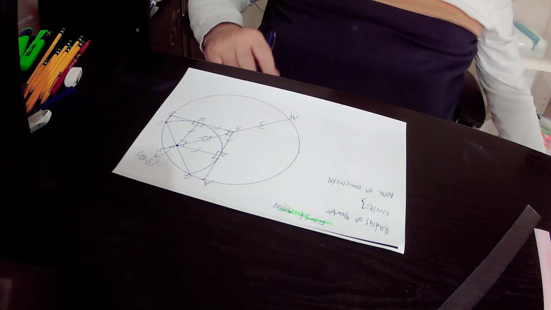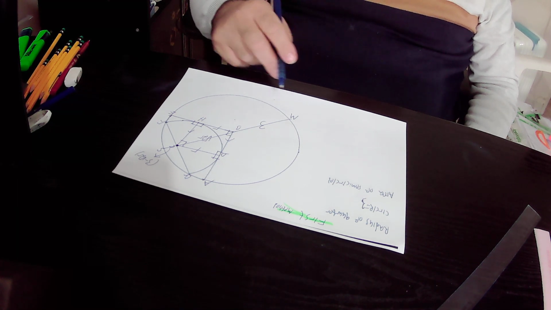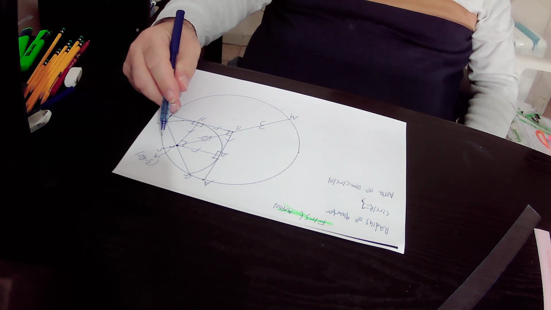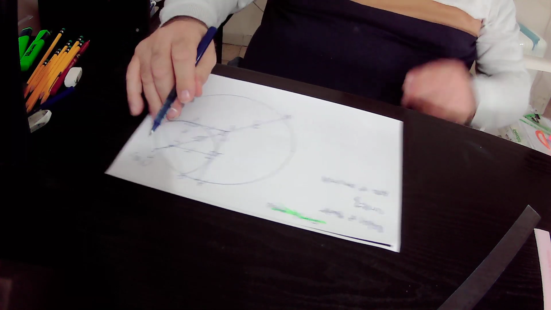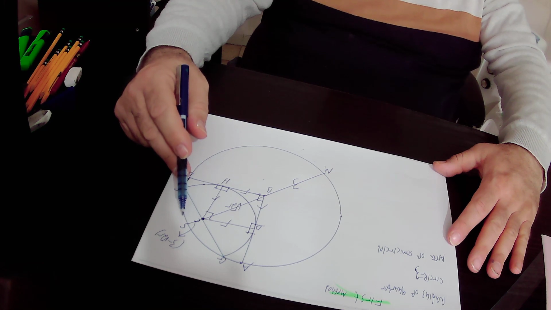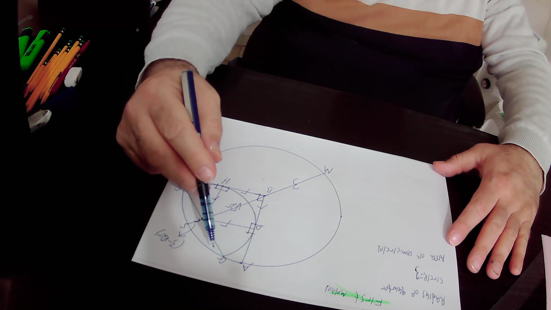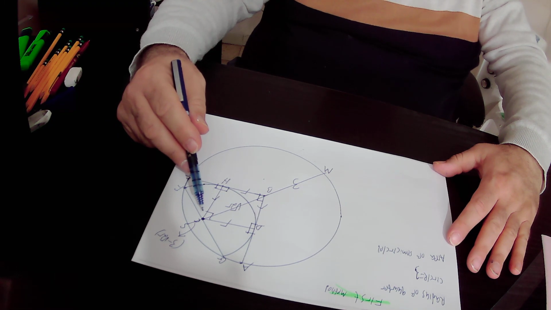In our drawing we have chord MS. This chord MS intersects with chord GF at point C. Point C is the intersection point.